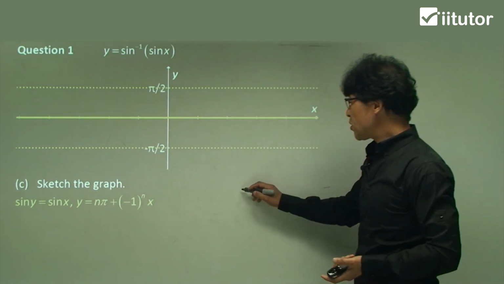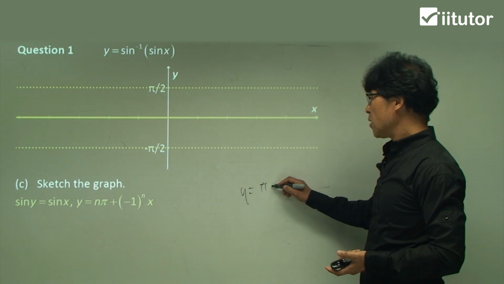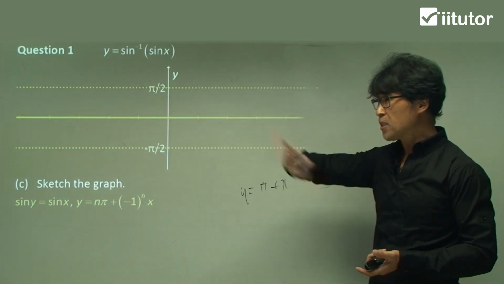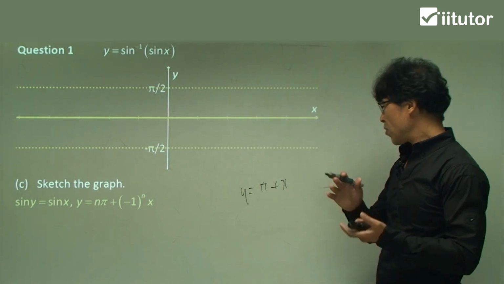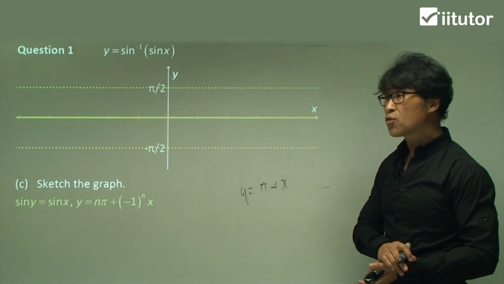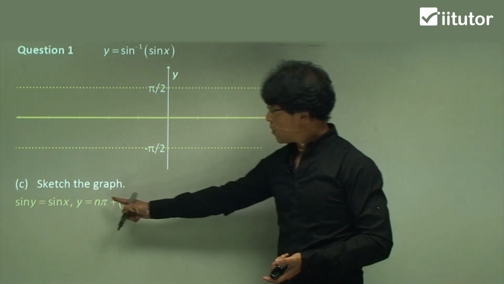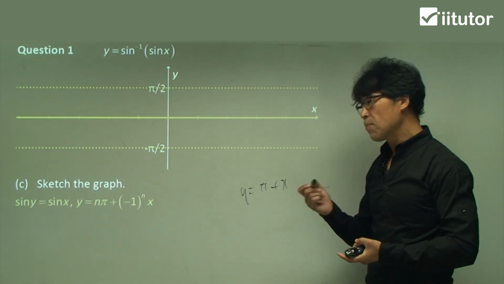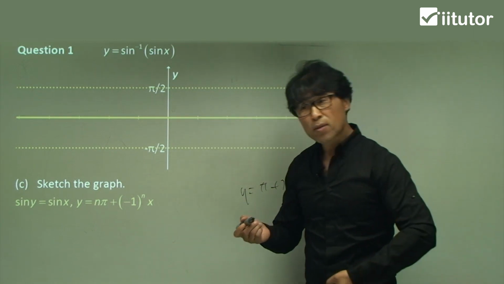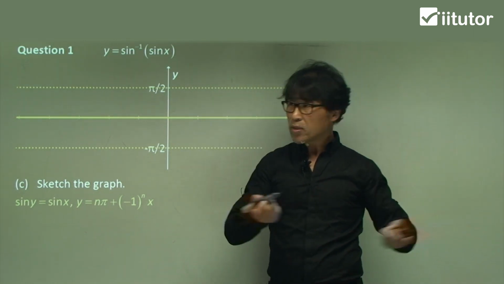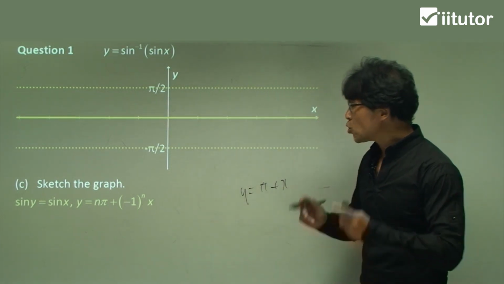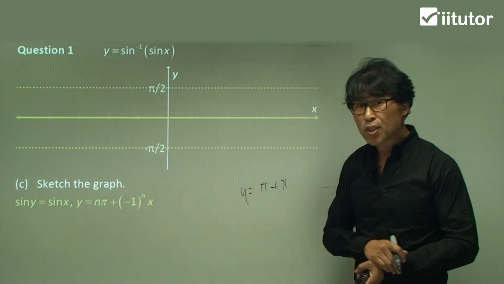Well, if you have a question like sketch pi plus x, you can just sketch it. It's a very common linear function, a straight line. But there's an n. Okay, n is an integer, so it can be 0, 1, -1, 2, -2, whatever. It corresponds to all of the integers.